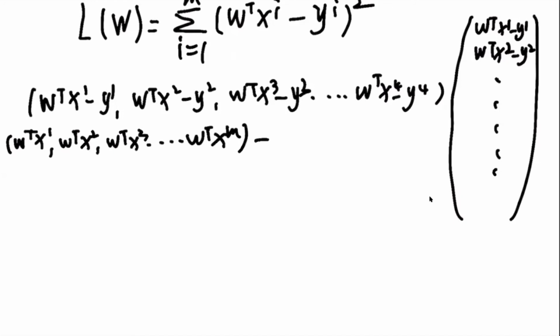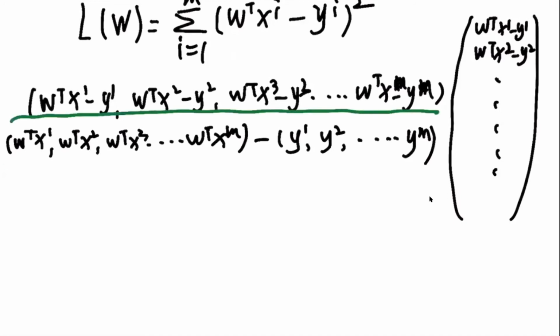And minus another row vector, which is Y1, Y2, up to YM. Sorry, it's not 4, it's M, the last one. They are equivalent, just a row vector minus another row vector.